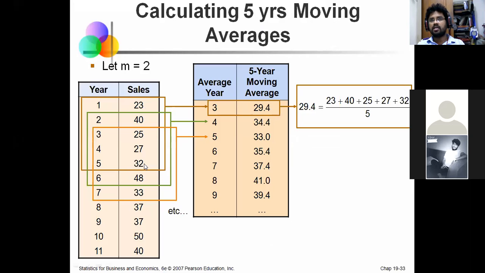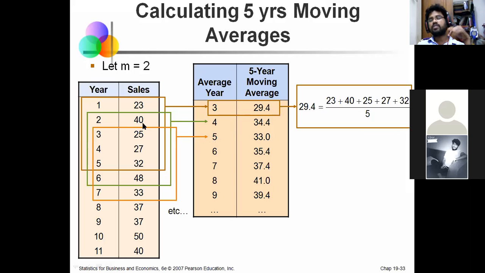These are 5 years sales. We have to add all the values and divide by 5 because we consider the 5 years moving average. So the 5 years moving average is 29.4. See how the 29.4 has come: 23 plus 40 plus 25 plus 27 plus 32 divided by 5. How much did we get? 29.4.